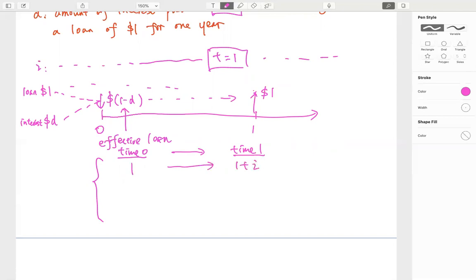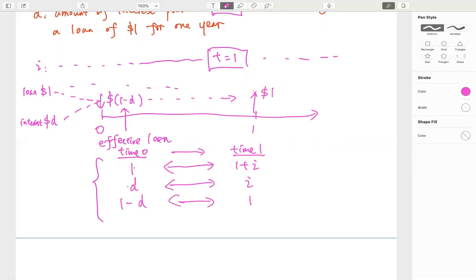And if I start with D dollars, I will end up with I. If I start with 1 minus D, I will end up with 1. Since 1 plus I minus I is 1. Of course, it is also two-way traffic.